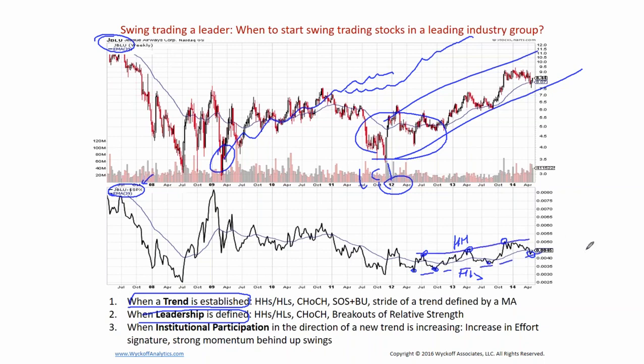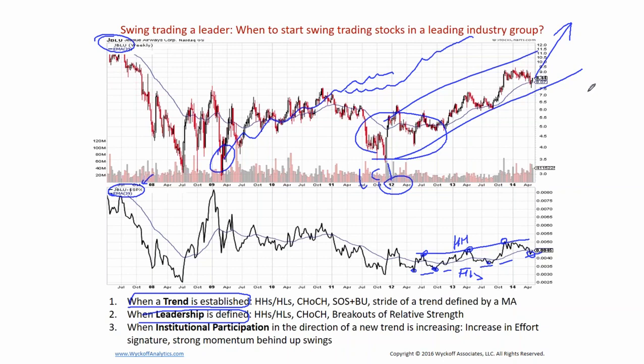The stride of this trend is not that steep for us yet, but we're seeing that the stock is starting to outperform. And what we are doing is we are anticipating that the leadership trend in the industry group that JetBlue belongs to, and the trend of the stock itself, is going to resume.